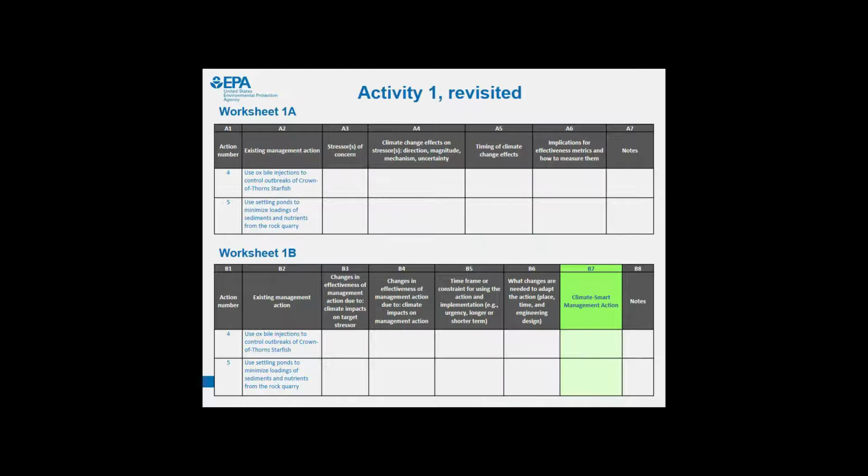These two seem to be ones that are pretty specific and you know quite a lot about since you've been using settling ponds. So do you have any thoughts about how climate change might affect the effectiveness of the settling ponds in this particular location?